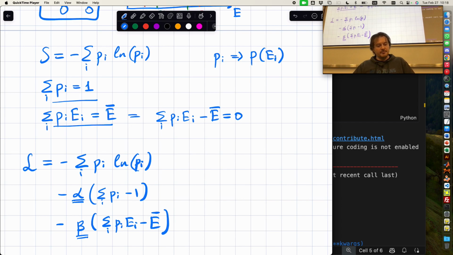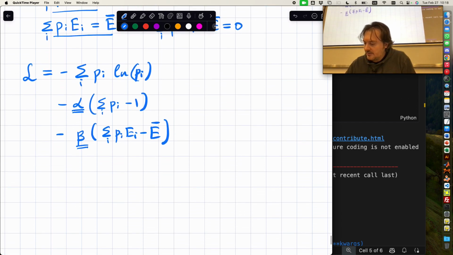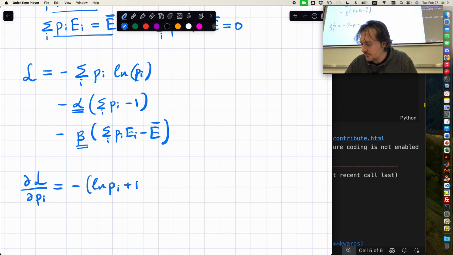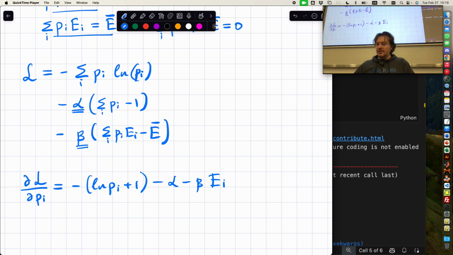Very good. Now let's take the derivative. And what I get is, I'm just going to write it down over here. Okay, these ones are negative. Can you please check whether I'm doing the right thing or not?